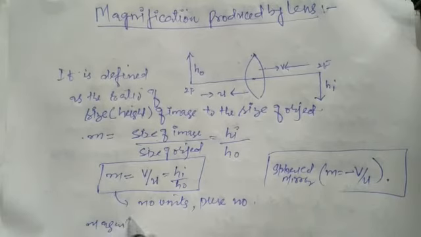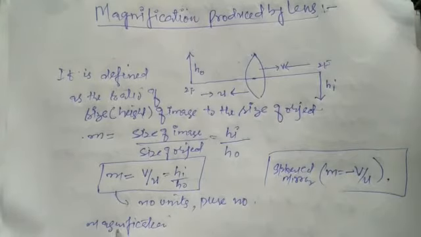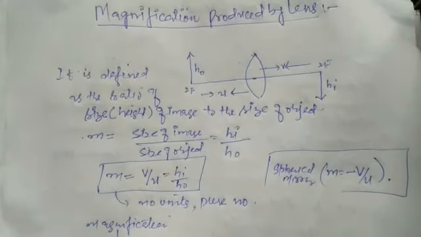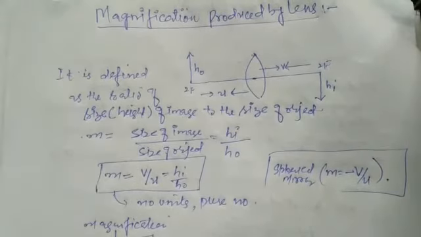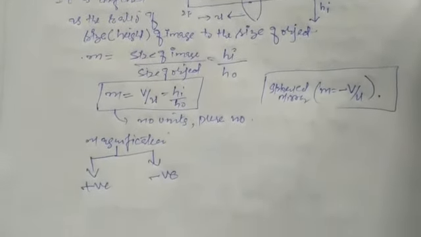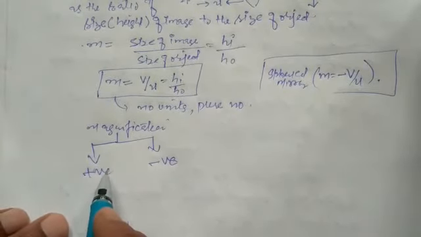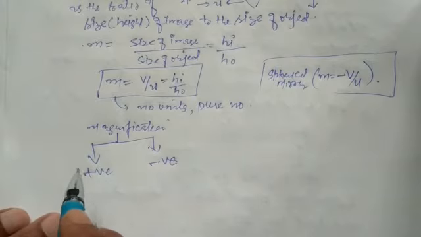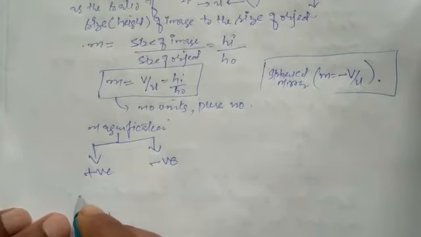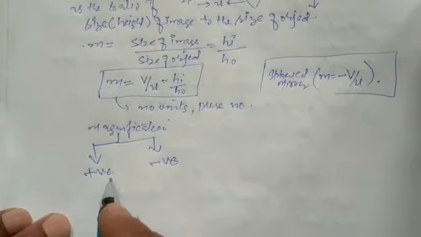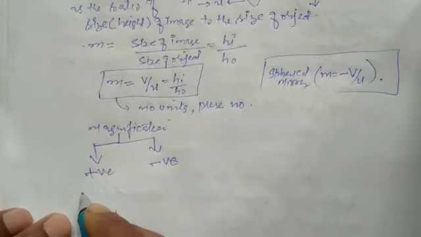Magnification can be positive as well as negative. What is positive or negative magnification? Positive magnification simply means when the image produced by an object, by a spherical lens, is virtual.